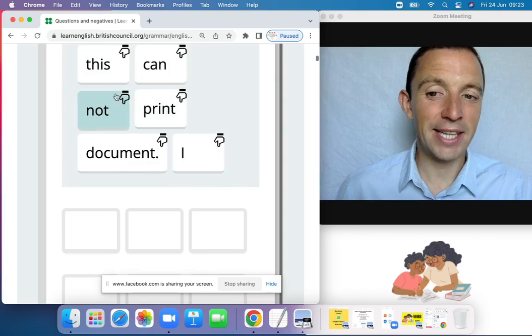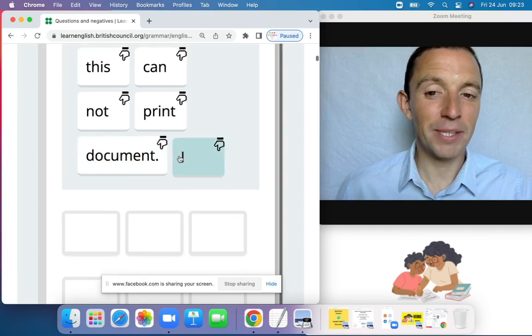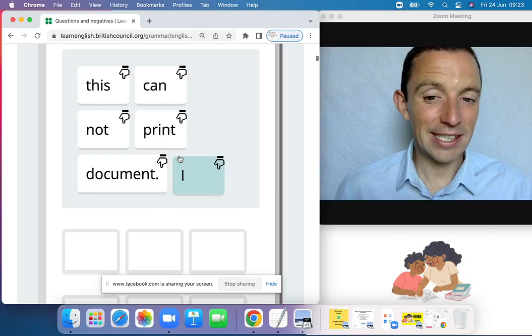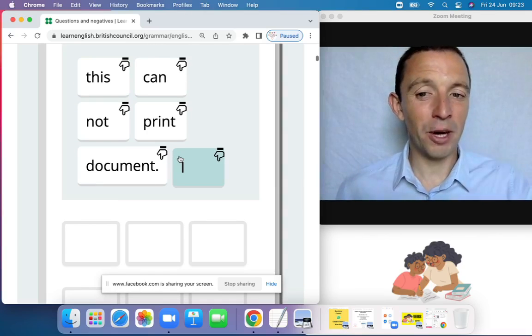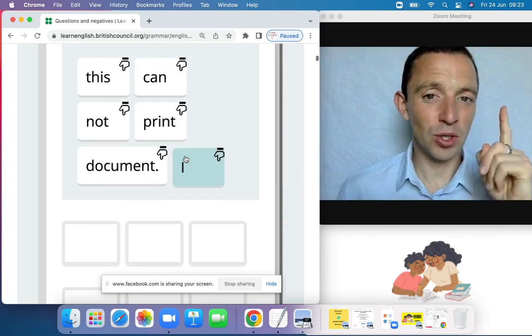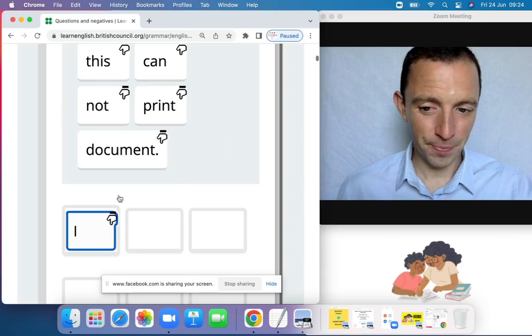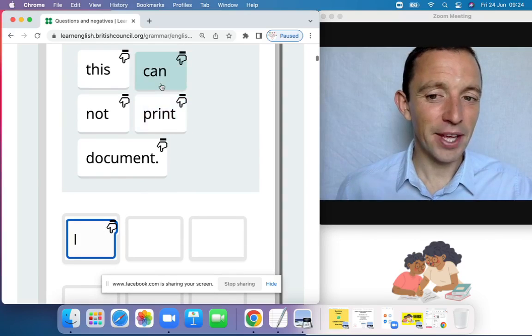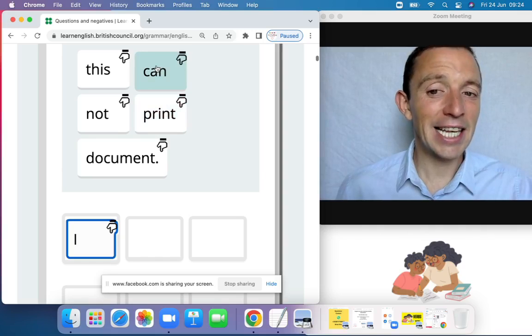Okay, so we have this: cannot print document I. We need the negative sentence. We need the subject, we need the verb, and we need the object. The subject is I. There's only one possibility. The verb is can and print. Can is for permission and ability.